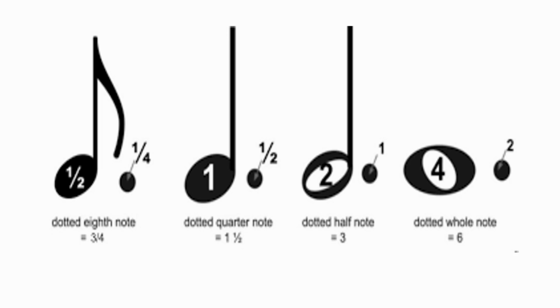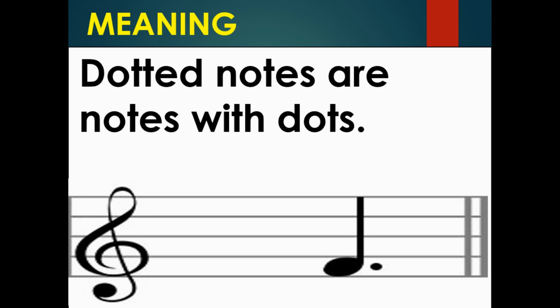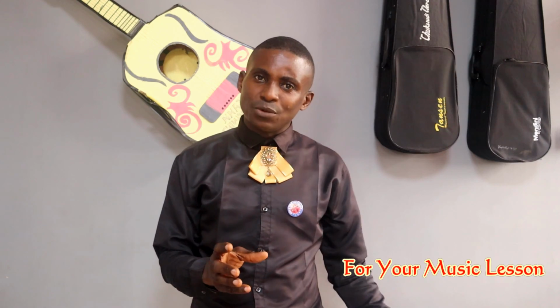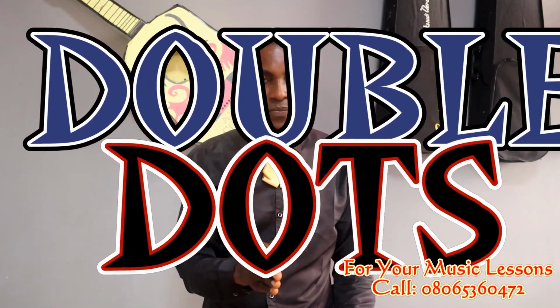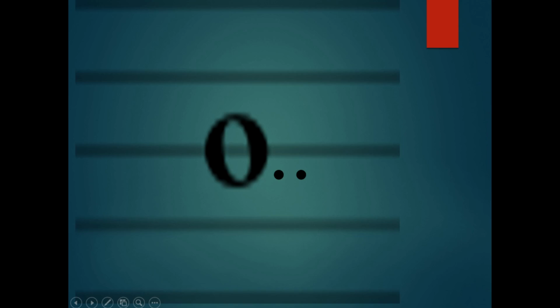Like I said earlier, dotted notes are notes with dots, or they could be seen as notes that have dots placed after them. Now, there is another one, which is the double dots. Now, this is the example of a double dot.